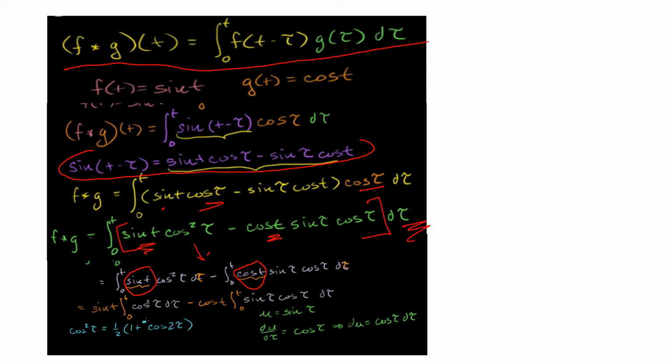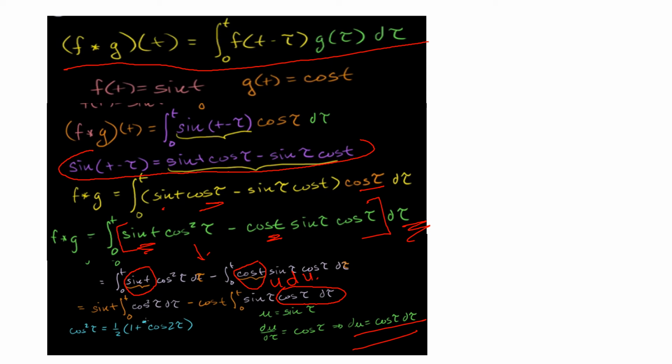The second term is a product, sine tau cos tau. How to solve that? Let us assume u equal to sine tau. Then the differential is du by d tau equal to cosine tau. Cross multiply, so du becomes cos tau d tau. Instead of cos tau d tau, we can substitute du, so this can be replaced by a u du type function.